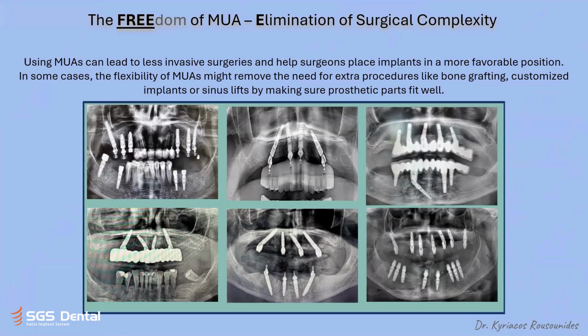We follow the bone and we place implants according to the bone quality so the implants can be more stable. And I'll show you during this lecture how we go step by step to have more predictable results with the angulated implants and how to do the prosthetic also after.